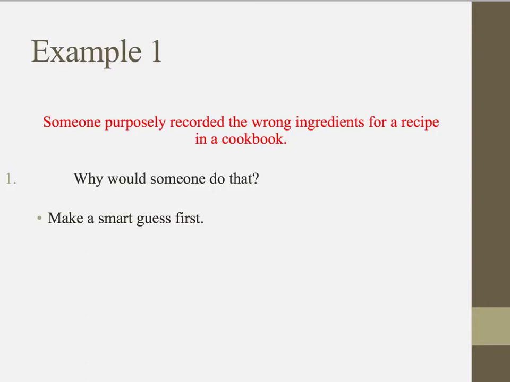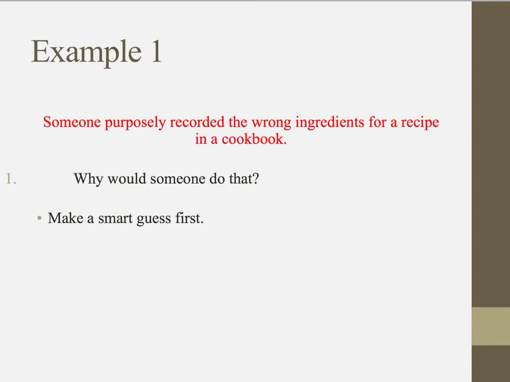You can make a guess first, using the WH questions. Why would someone want to do that? When will someone want to do that? Where would someone want to do that? That question sounds a bit strange, right? So it's predominantly a why would someone want to do that? Maybe even a when would someone want to do that?